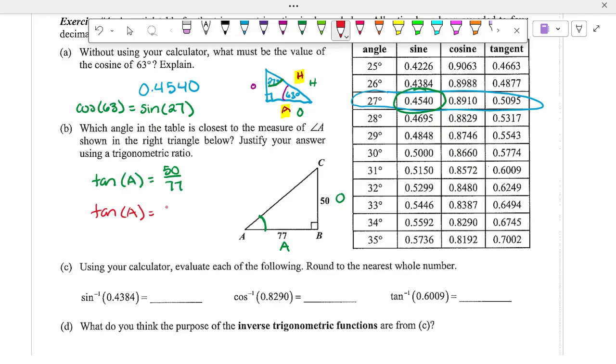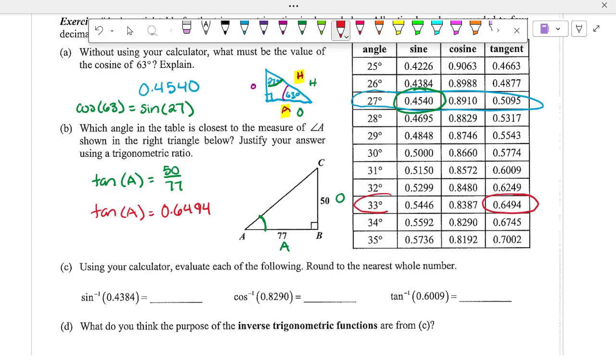So it's 0. What? 6494. All right. So now on your table, look for tangent being 0.6494. It's right here.